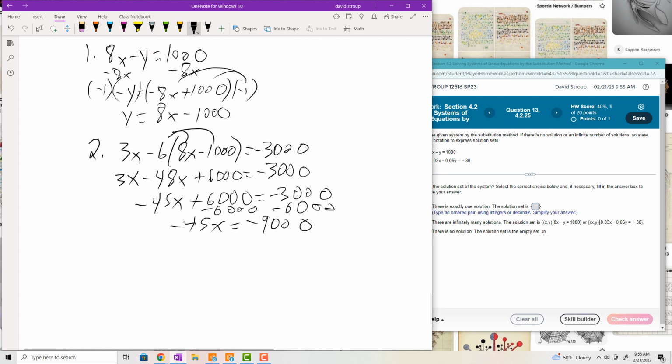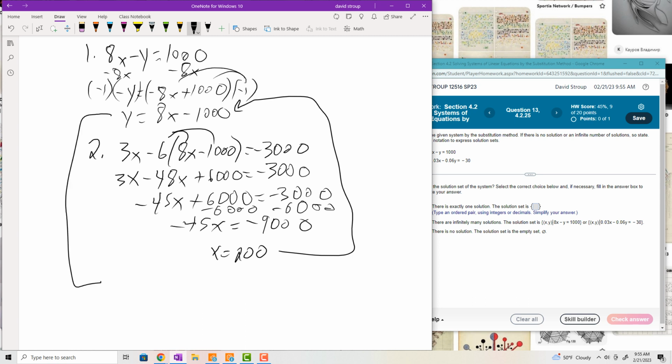And then finally divide both sides by negative 45. 9,000 divided by 45 is 200. So x will be 200. And then back sub into equation 1 for your third step.